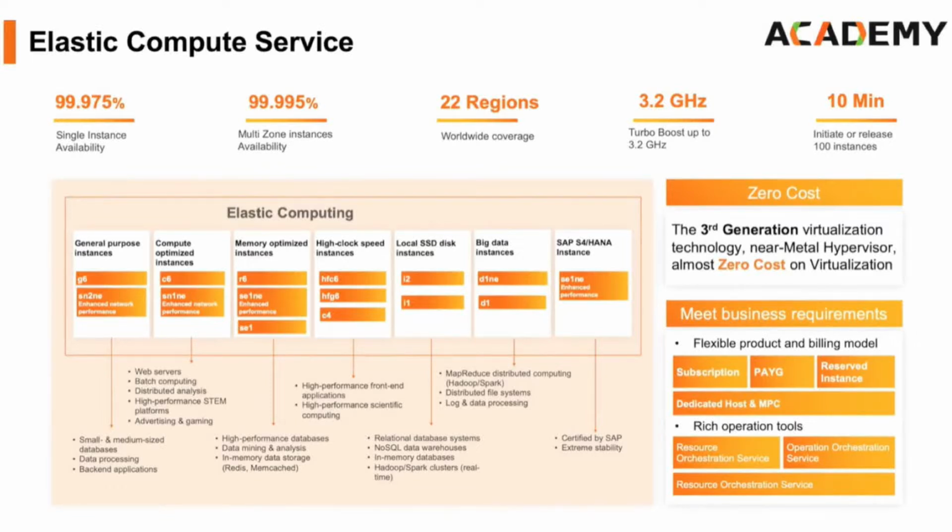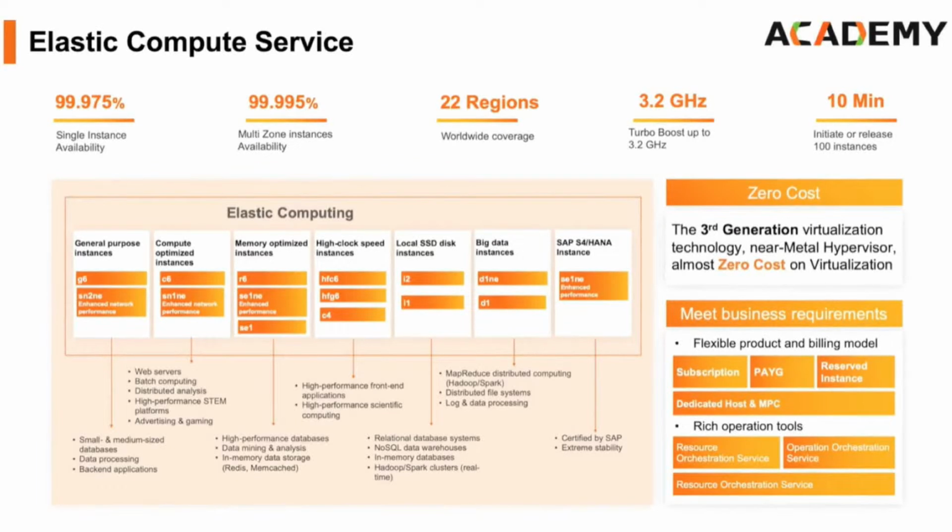It was 22 regions a few months ago, and now it is 24 plus regions. The speed of the ECS instances can be boosted up to 3.2 gigahertz, and it takes just 10 minutes for initiating and releasing 100 instances at a time.